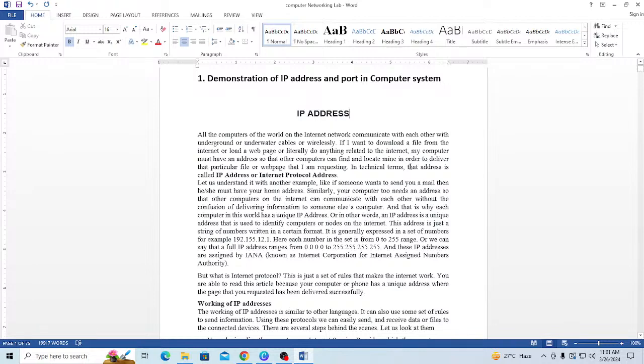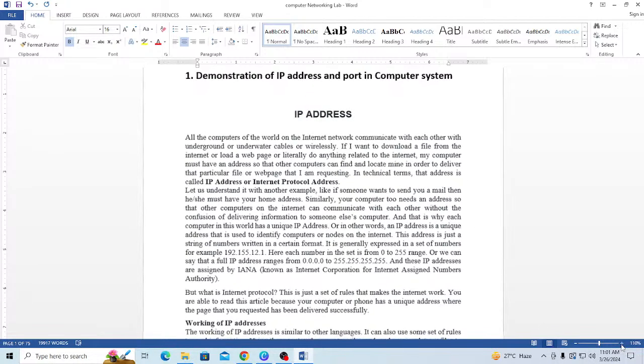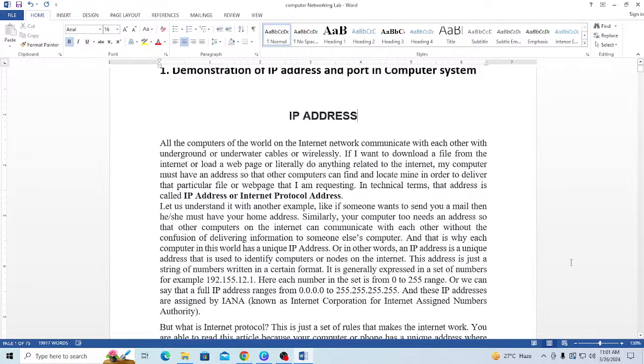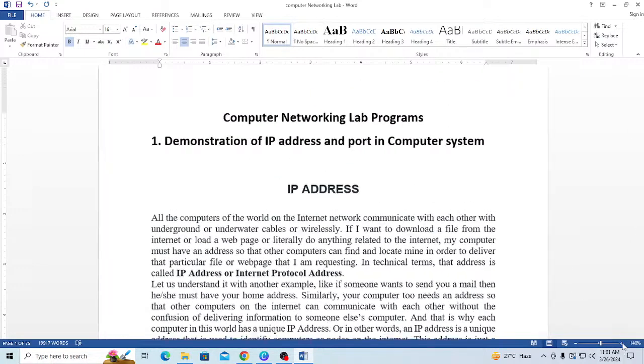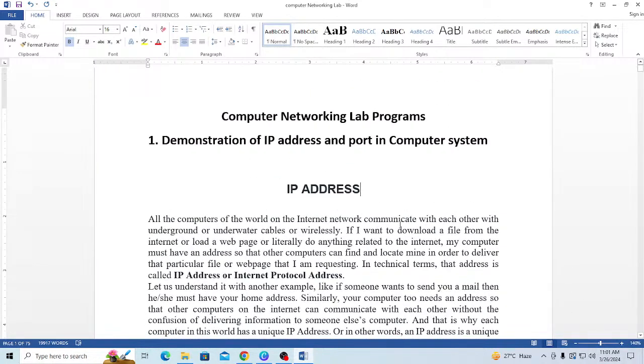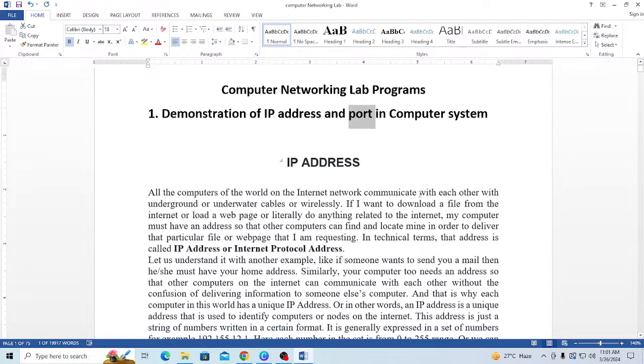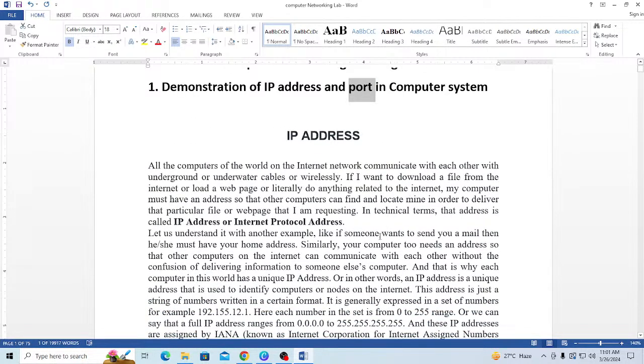See, I am providing the notes for your entire concept, but you have to learn this concept and write the main content which is related to the IP as well as port in computer networking. So first, IP address. IP address means Internet Protocol address.